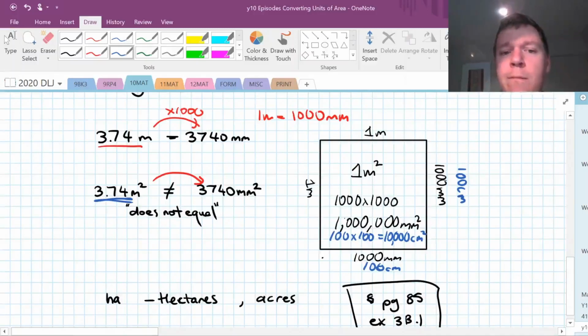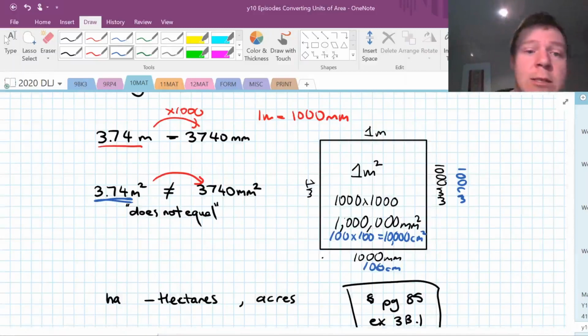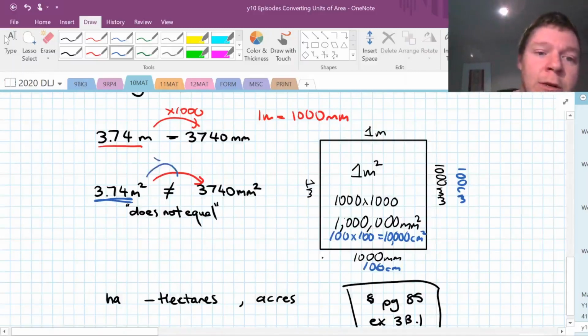So actually, if we wanted to take this 3.74, we don't multiply by 1,000, we multiply by 1,000 twice. So you actually go times 1,000 times 1,000.